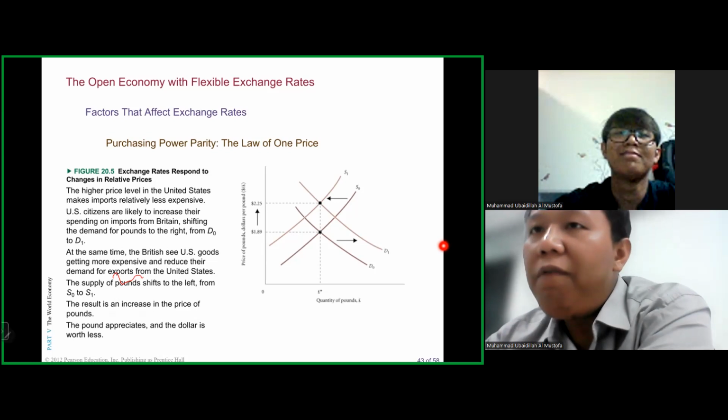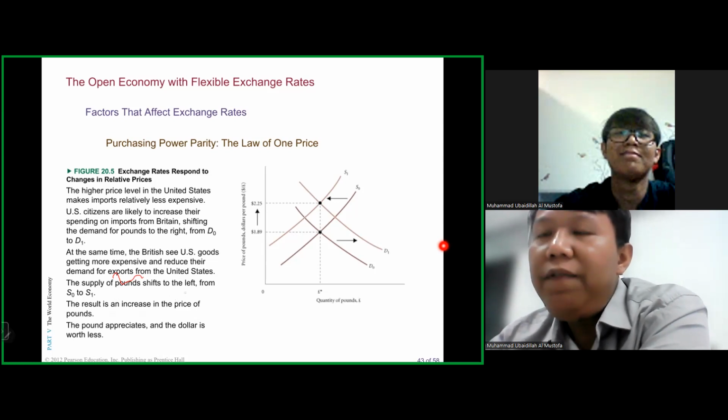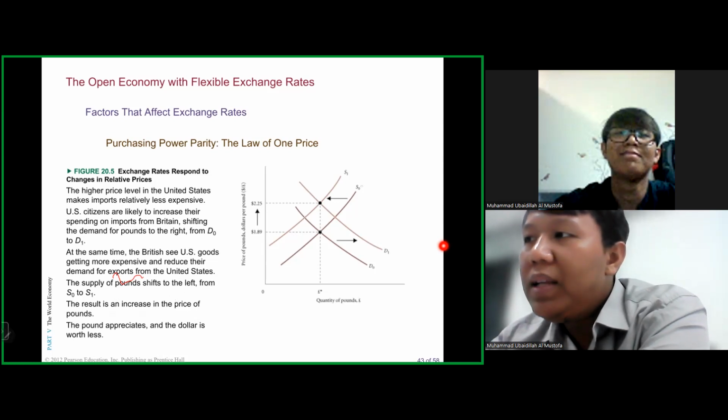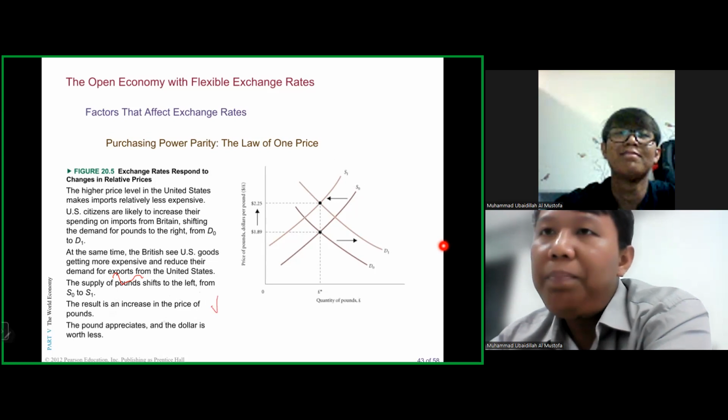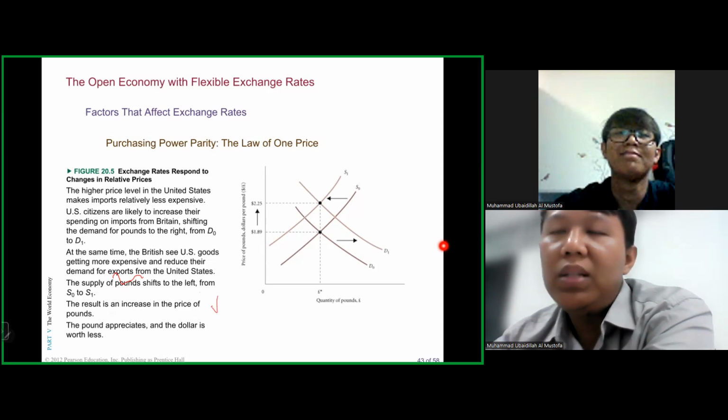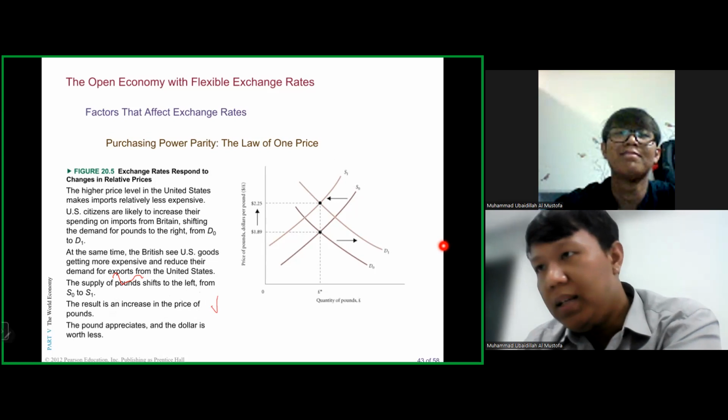So the supply of pound will shift to the left, from S0 to S1. The result is an increase in the price of pound. The pound appreciates while the dollar is worth less, or depreciates.